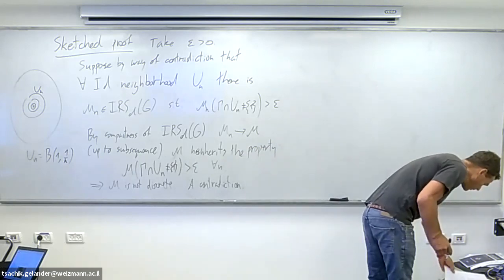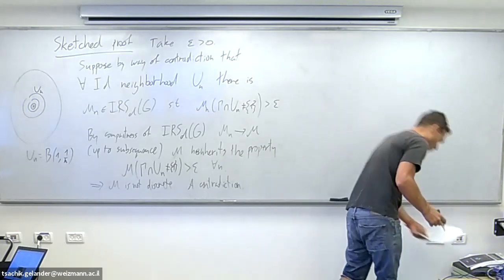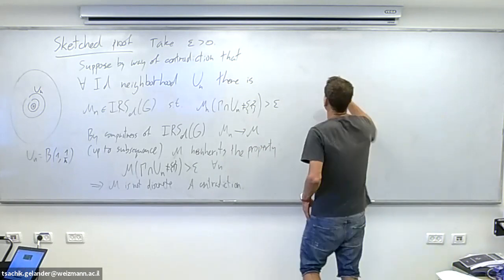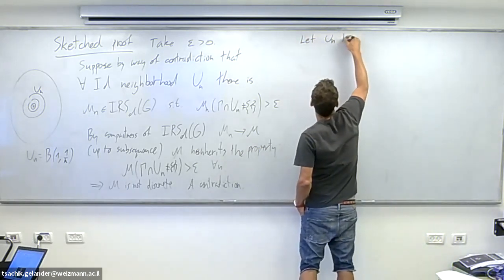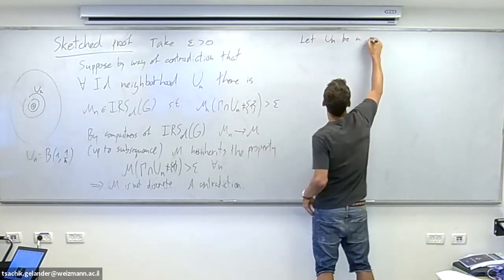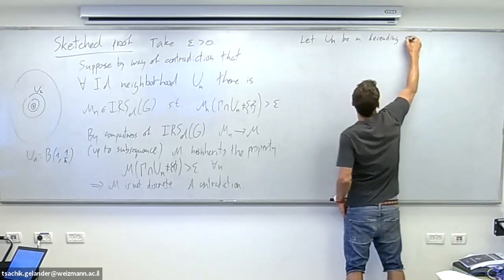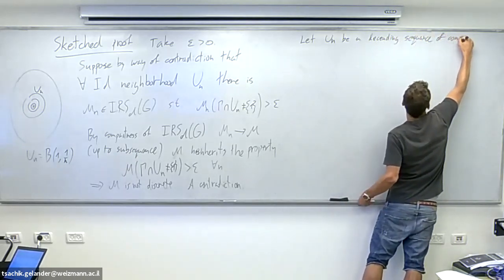So let UN be as above. So UN is a descending sequence of compact sets. So let me write. Let UN be a descending sequence of compact sets.